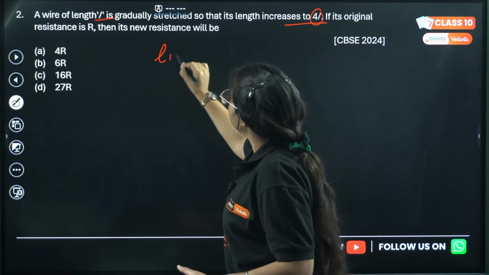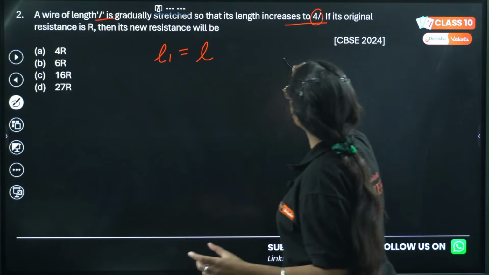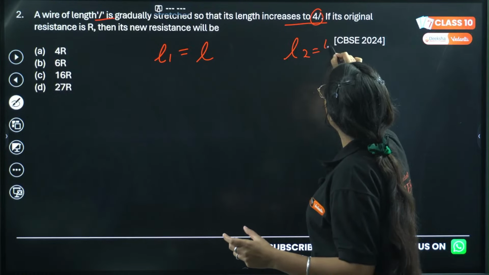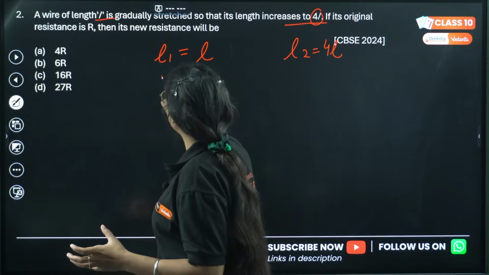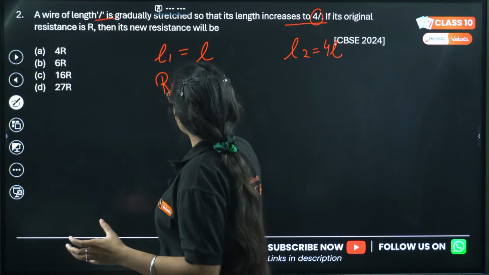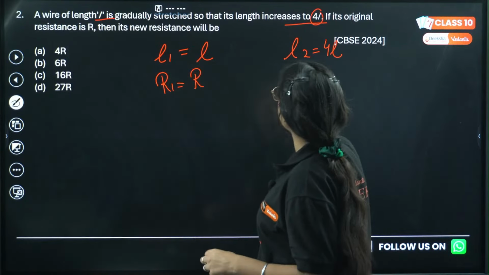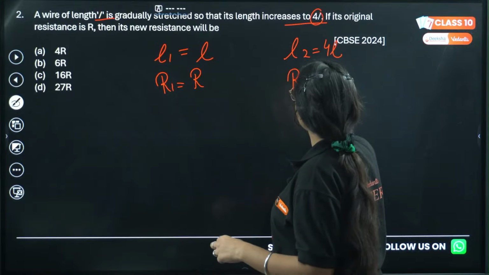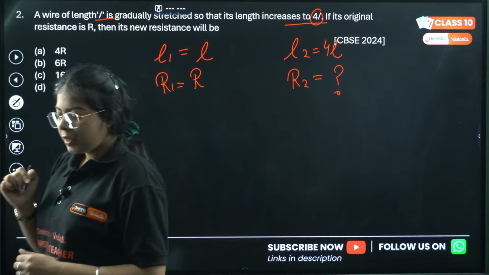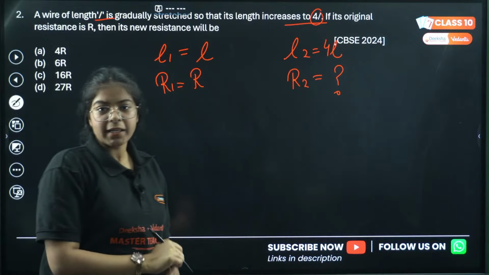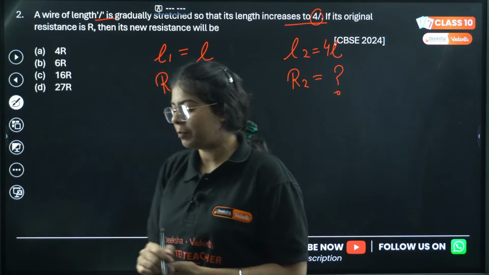First, the length was L, then the length became 4L. If its original resistance is R, then we have to find its new resistance, R2. You have pen and paper with you, right? Solve this question. Let me know what will be the answer.